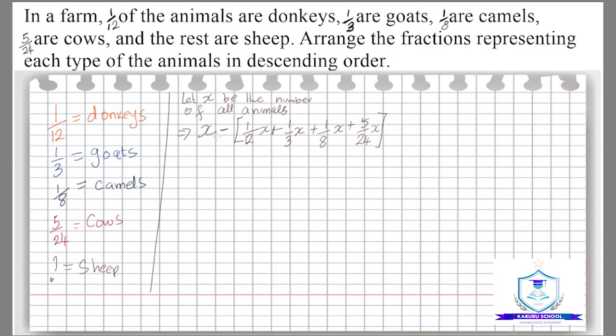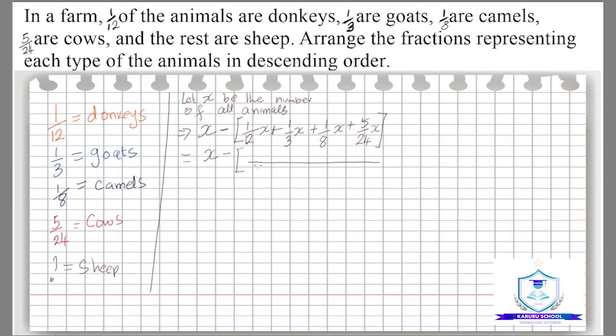If we do this, then we'll get the fraction that is representing the sheep. So this will be equal to x minus, so find the LCM of the denominators. To add all these fractions, we'll need to find the LCM of the denominators.